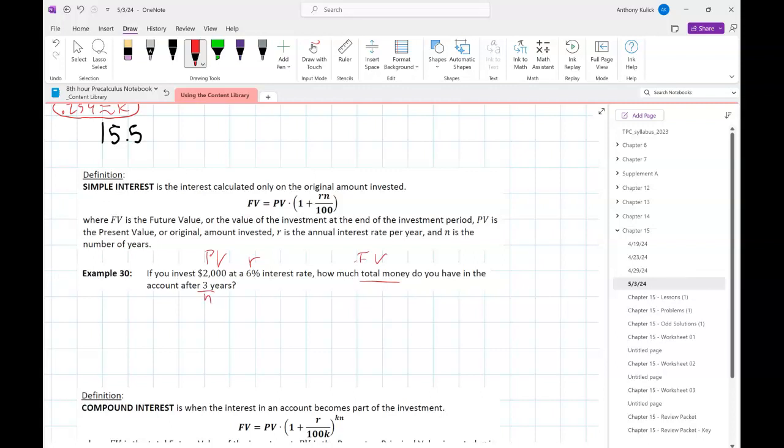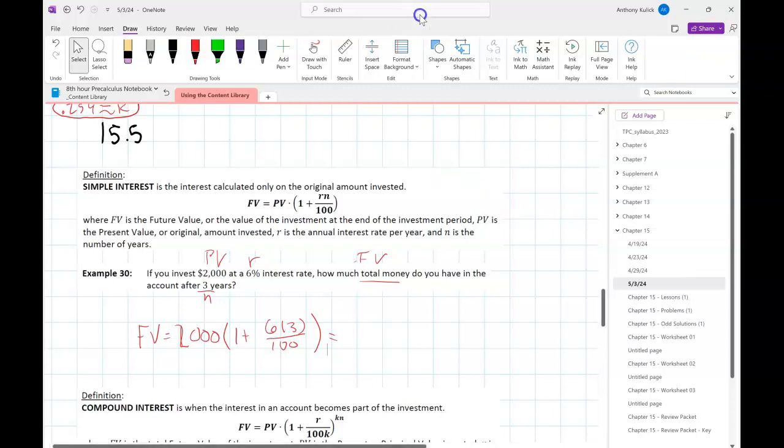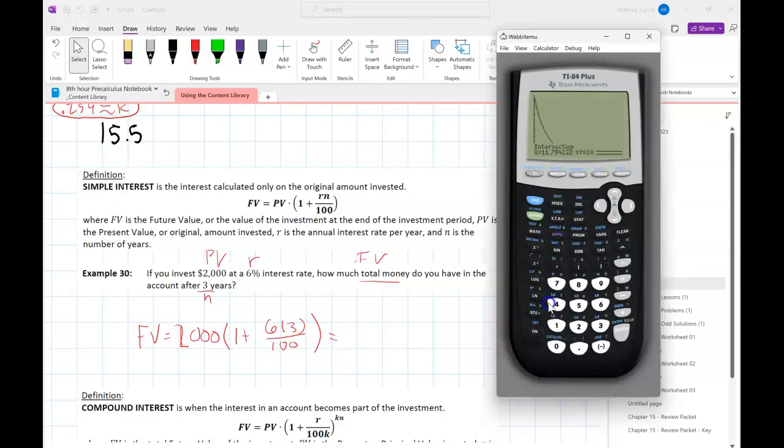And then 3 years, that's our N. Everybody's cool how I plugged in the numbers?